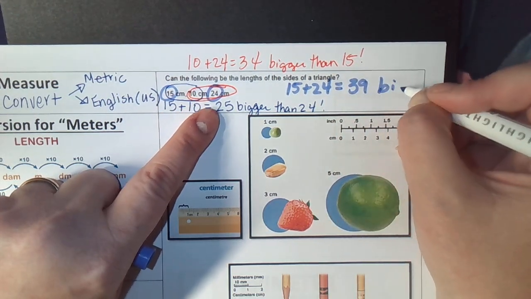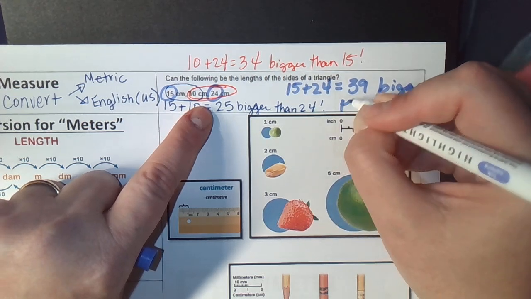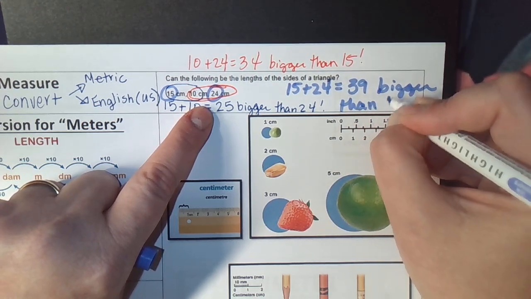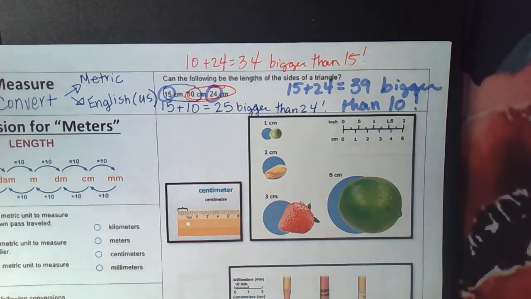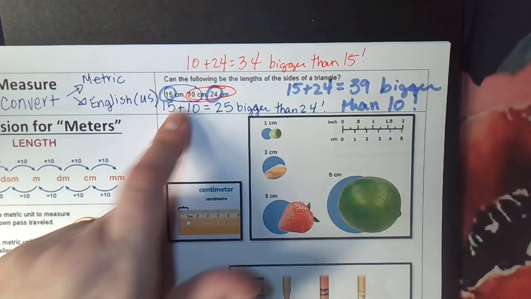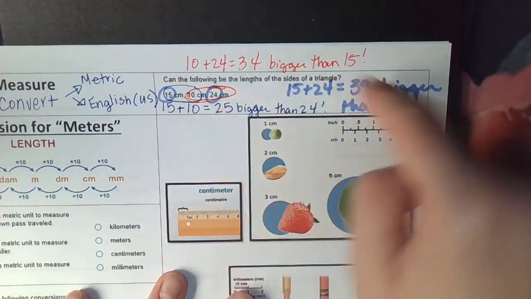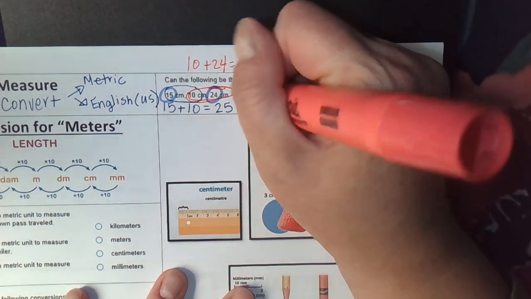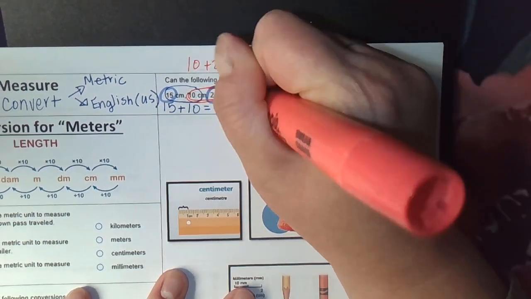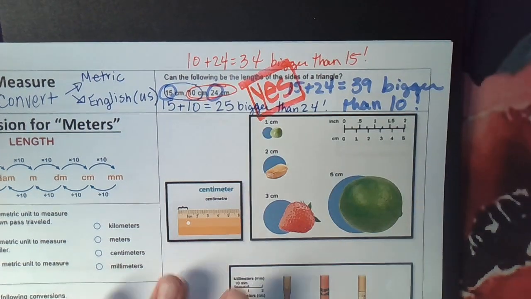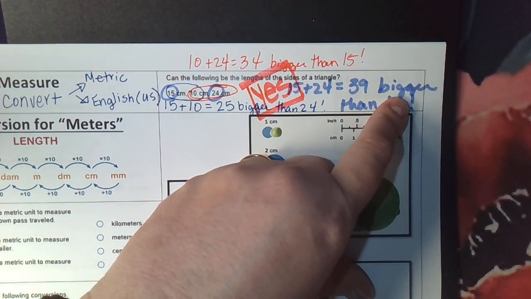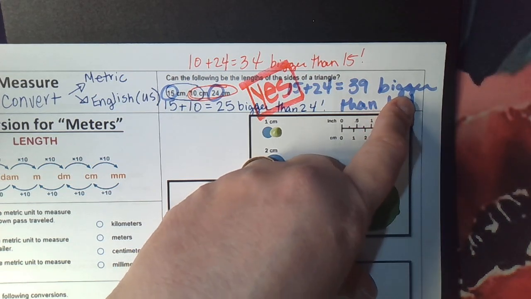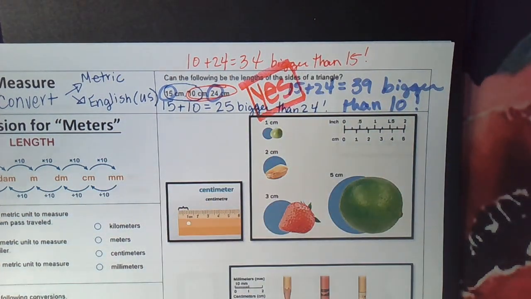And it's supposed to be bigger than the third side, which is a 10. And it is. So since all 3 of these work out, that means, yes, we can have a triangle this size. If when I added 2 of the sides, I did not get something bigger than the third side, I would say no, it's not a triangle.